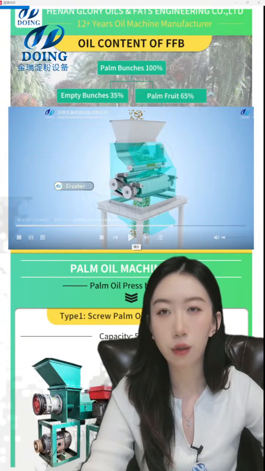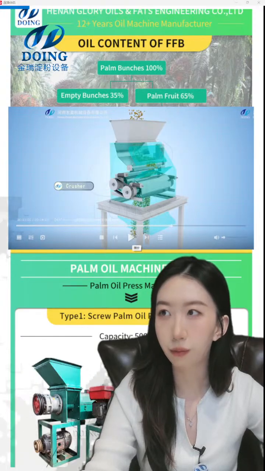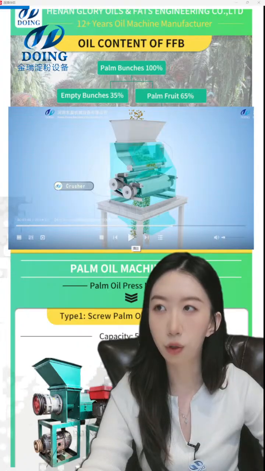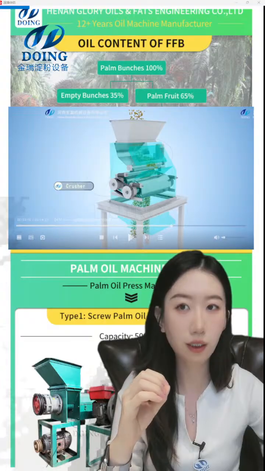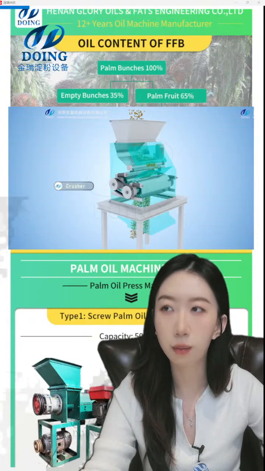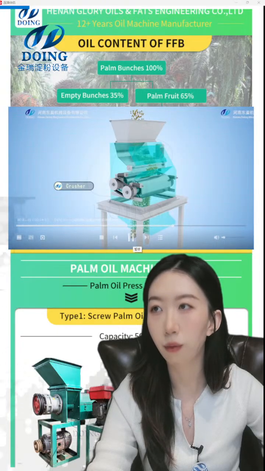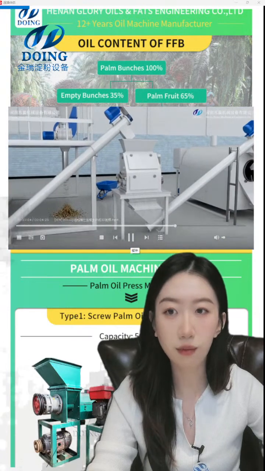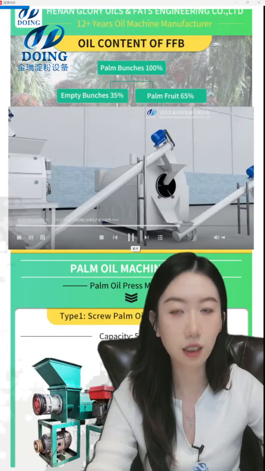And next, we will do pre-treatment for palm kernel, because the palm kernel has a bigger size, so the first pre-treatment step is crushing. In this crusher, the palm kernel will be divided into 4 to 6 parts.